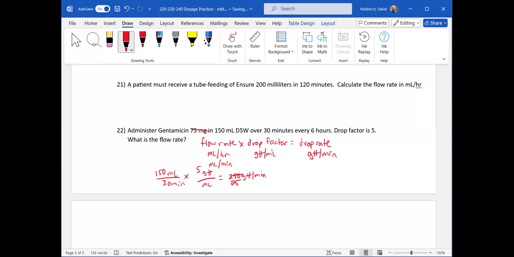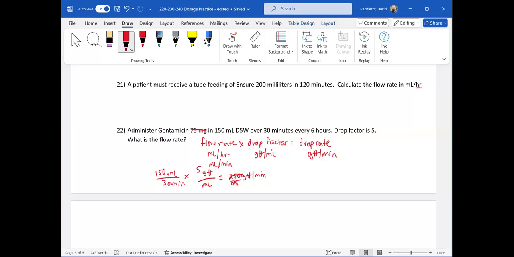We just care about the flow in which it's coming down. It's kind of like a label, this is 75 milligrams and it's in this 150 milliliters. So it could be any number of milligrams. If you're calculating flow rate, all you need to worry about is volume and time.